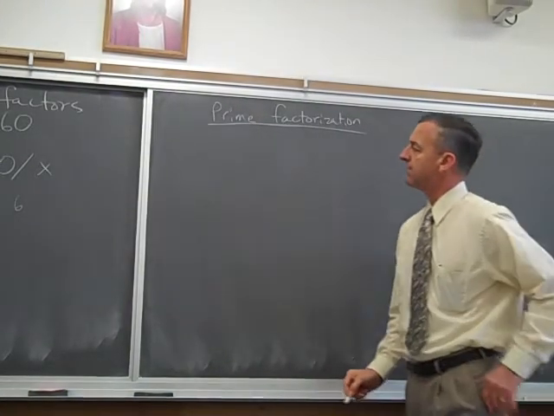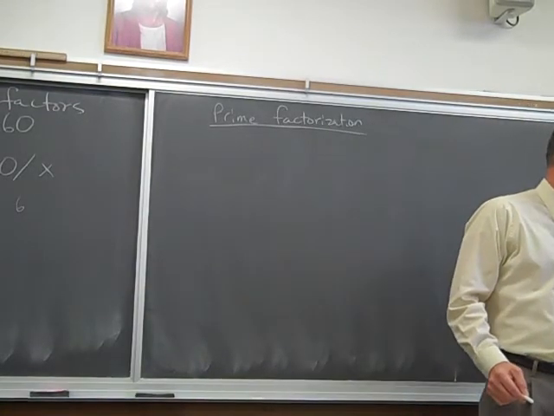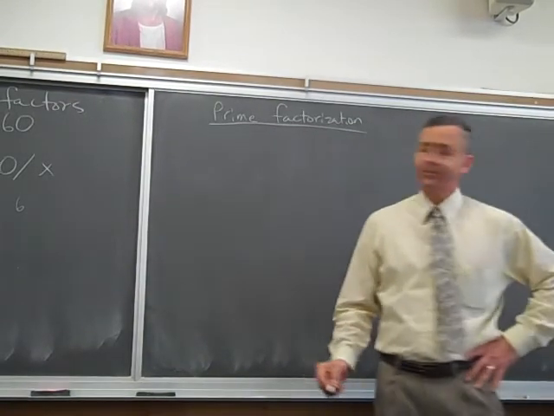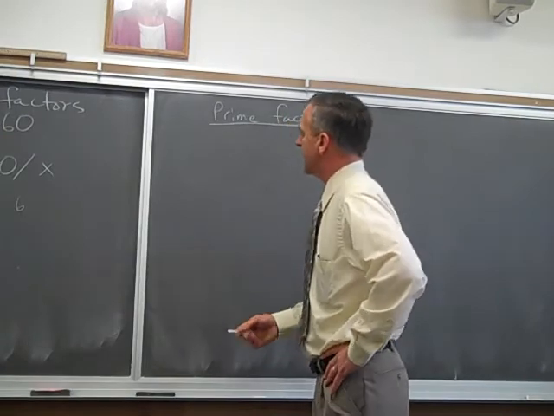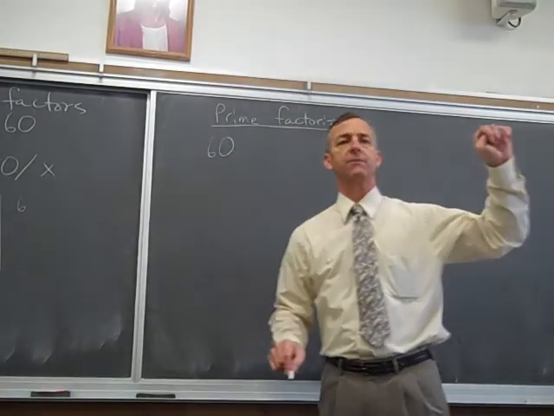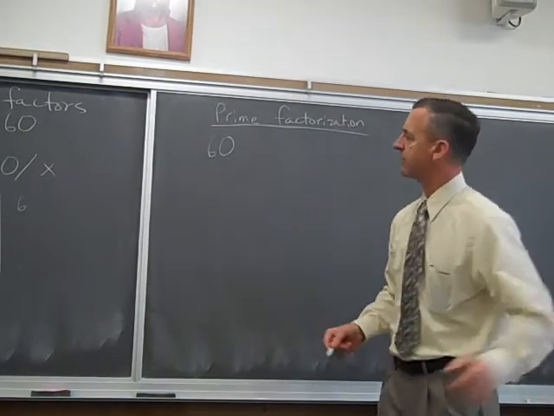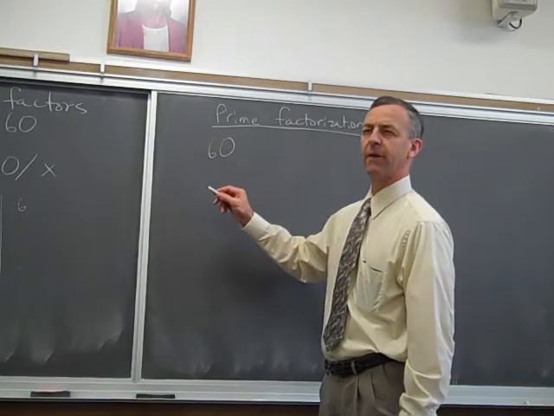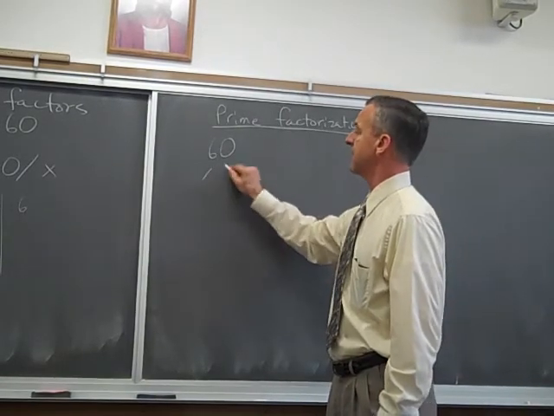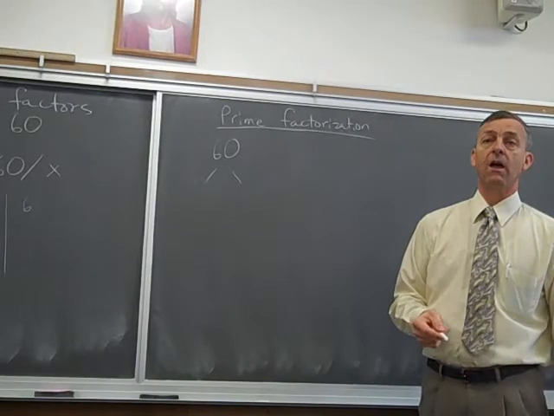To find the prime factorization of a number, here's what we do. Let's just take 60. I'm going to show you 2 methods. I'll show you my favorite method first, and then my next favorite, but I like the tree method best.